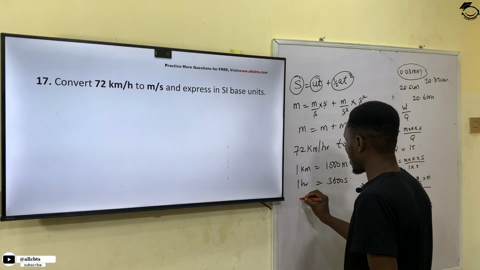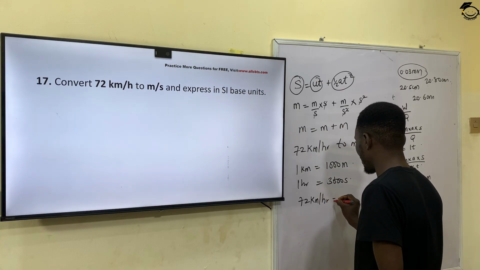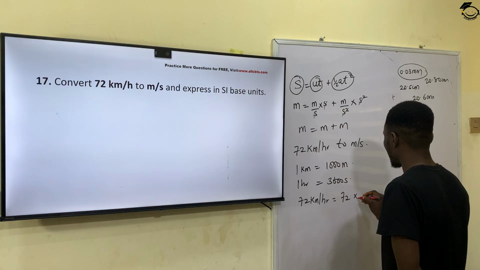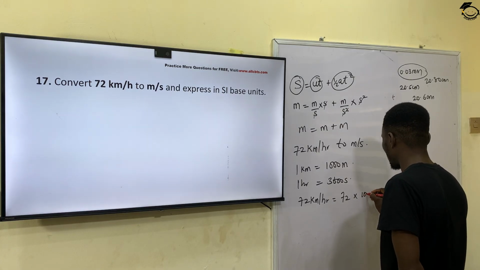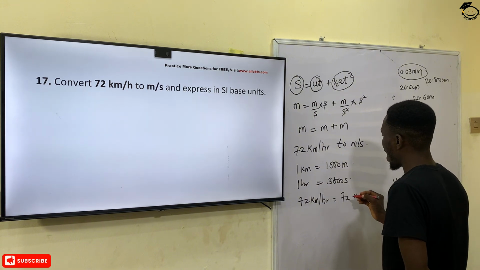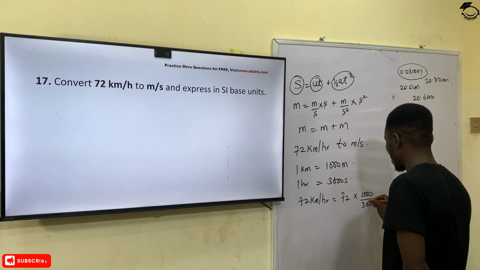So it means that my 72 kilometer per hour will be equal to 72 times 1,000 divided by 3,600 seconds.